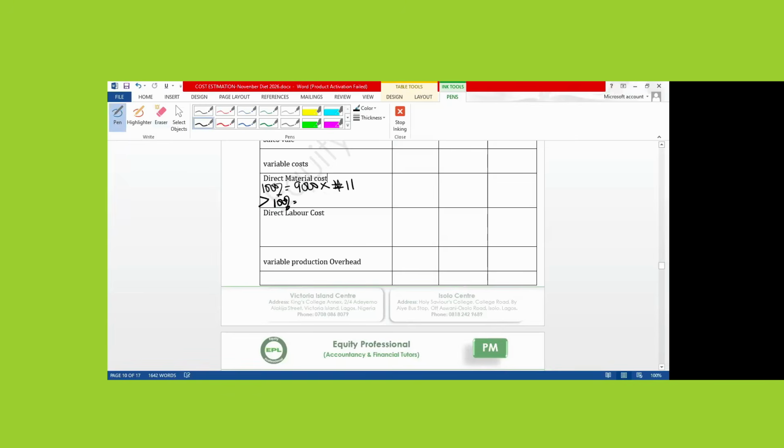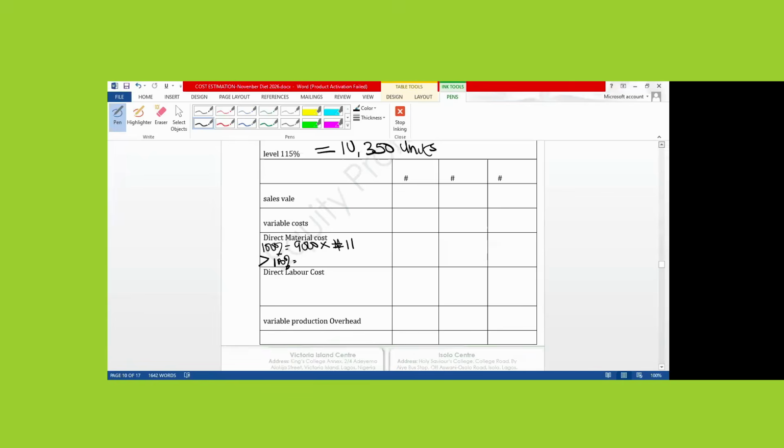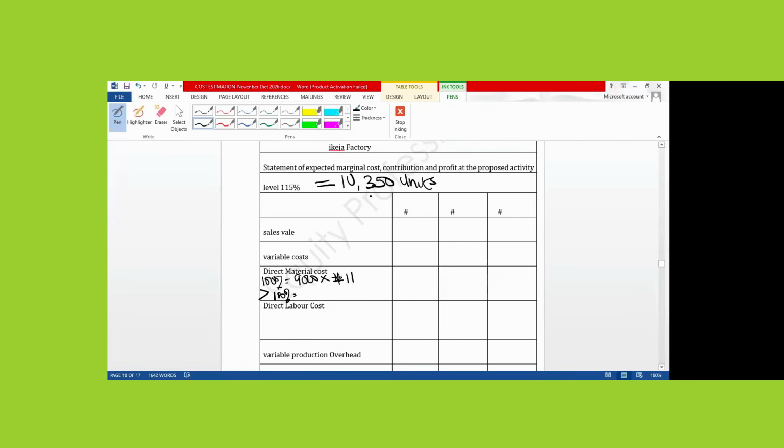Now look at it. Out of 10,350 units, you have done 9,000 units. That is within 100%.